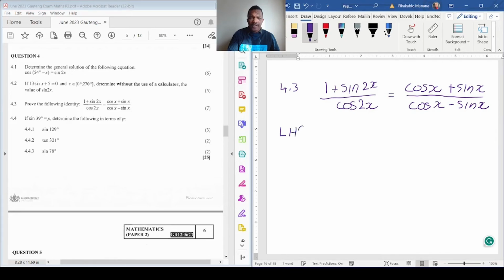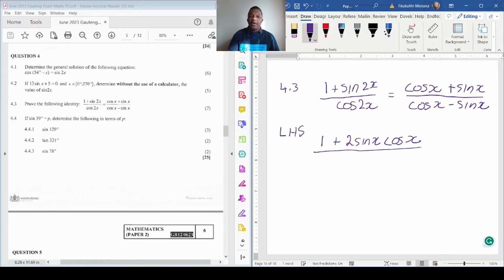Okay, left-hand side. So in the left-hand side, the first obvious thing to do is to do an expansion. So 1 remains as 1 plus sine 2x, we already know it's 2 sine x cos x.